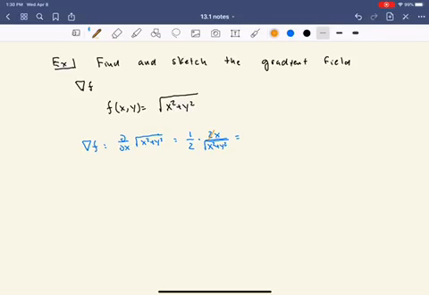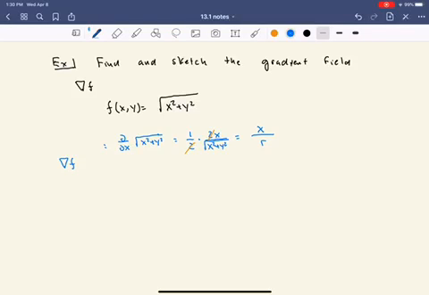With the 2's canceling, it simplifies to x over, I'm going to write it r, even though we know it's the square root of x squared plus y squared. Now, that was just the derivative with respect to x.